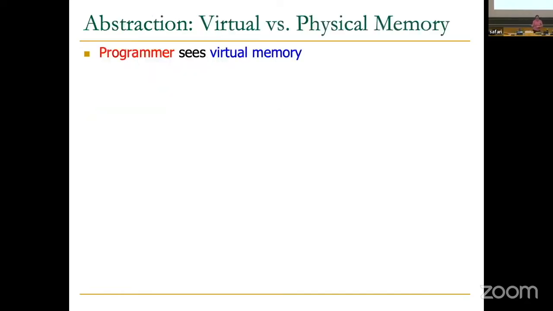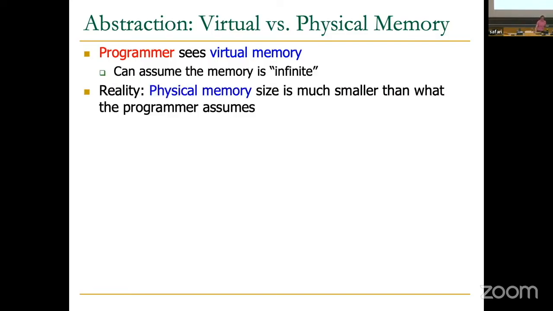Okay, so remember the slide. We said we have virtual memory and the programmer sees virtual memory, and this is an abstraction because underneath there is some physical memory. The programmer can assume the memory is infinite, large enough. In reality, physical memory size is much smaller than what the programmer assumes. And things work. You write programs with large virtual addresses. In reality, that large of an address doesn't exist.